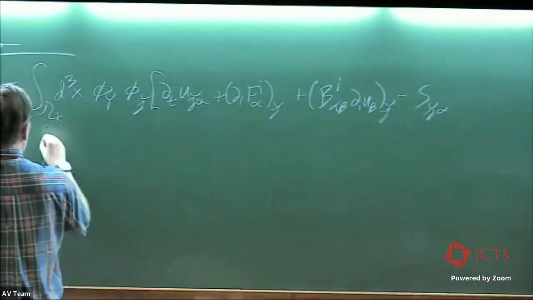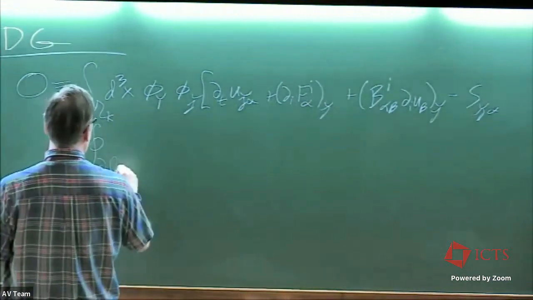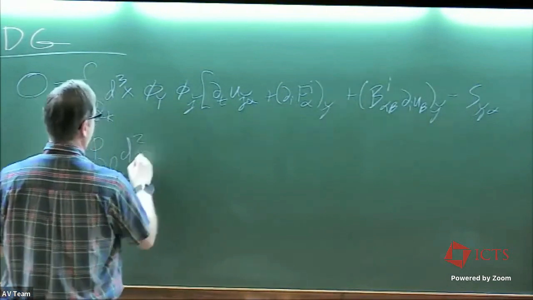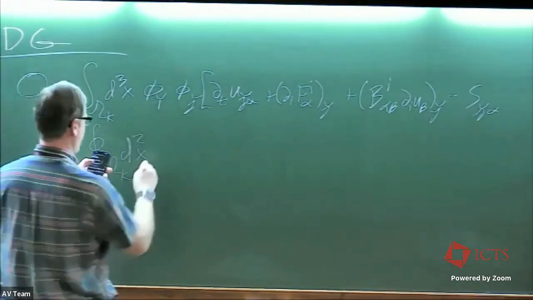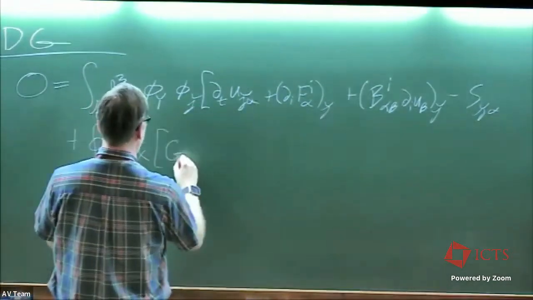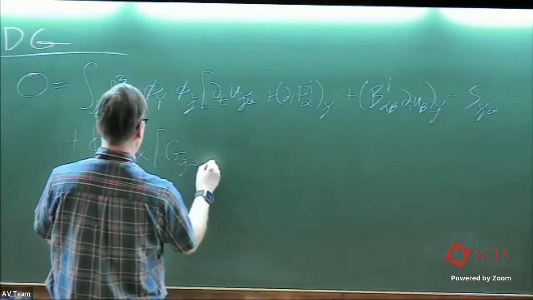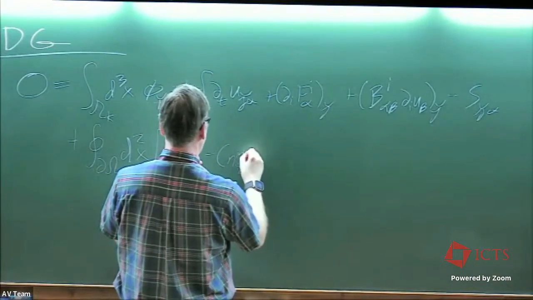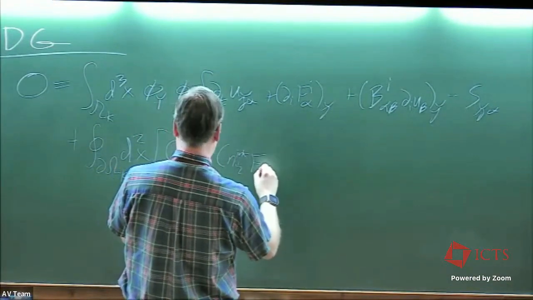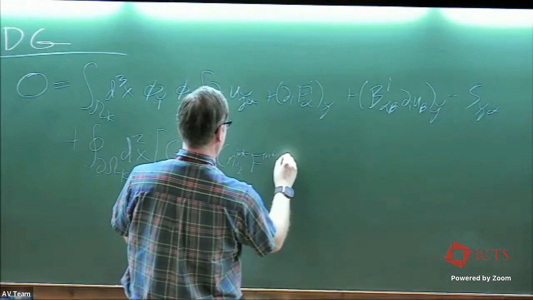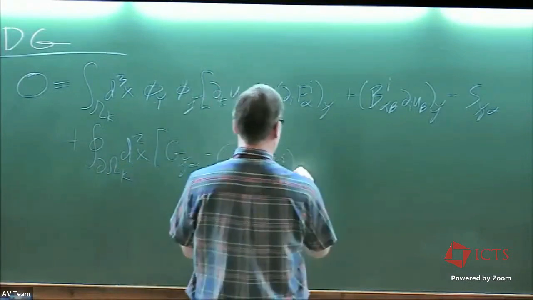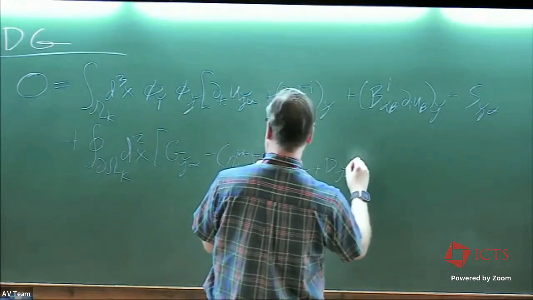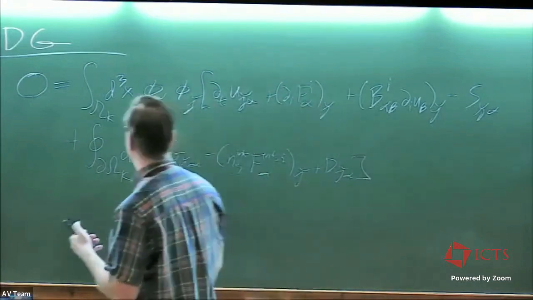Then there's a second thing. There's a surface integral over the boundary of the element, which I'll call partial omega k, the boundary of the kth element, d squared x, times g j breve alpha, that's the numerical flux. And in the strong form, you have n i times f i alpha minus the numerical flux, plus the non-conservative term.